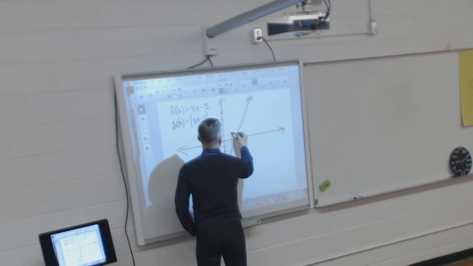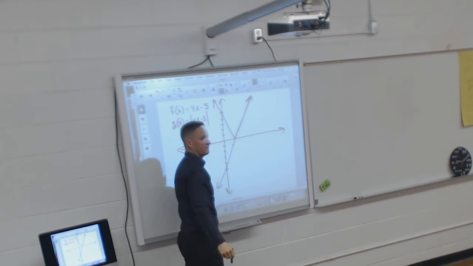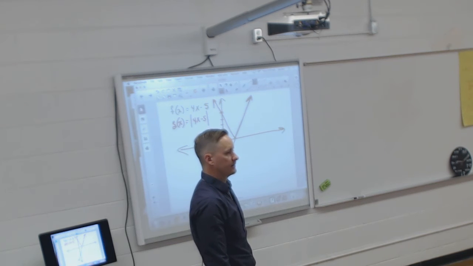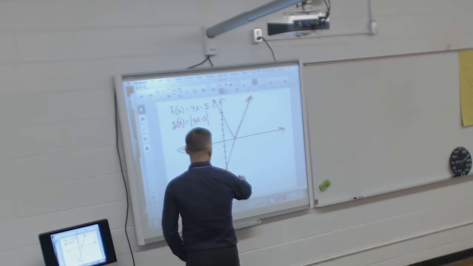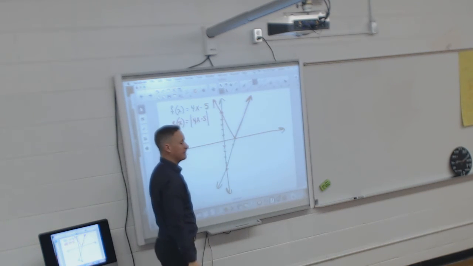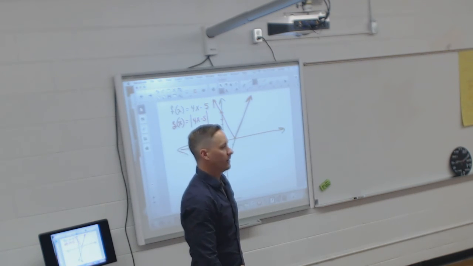So the graph goes like this. I just reflect it up over the x-axis. So this line right here no longer exists. It's now up because of absolute value. You follow that?